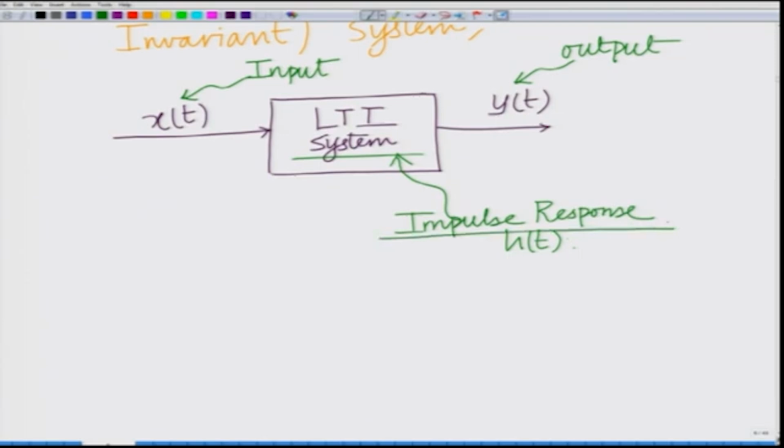If the impulse, that is your Dirac delta function delta(t), is given as input to the LTI system, the output is h(t), which is known as the impulse response of the LTI system, and this fundamentally characterizes the properties and the behavior of the LTI system.